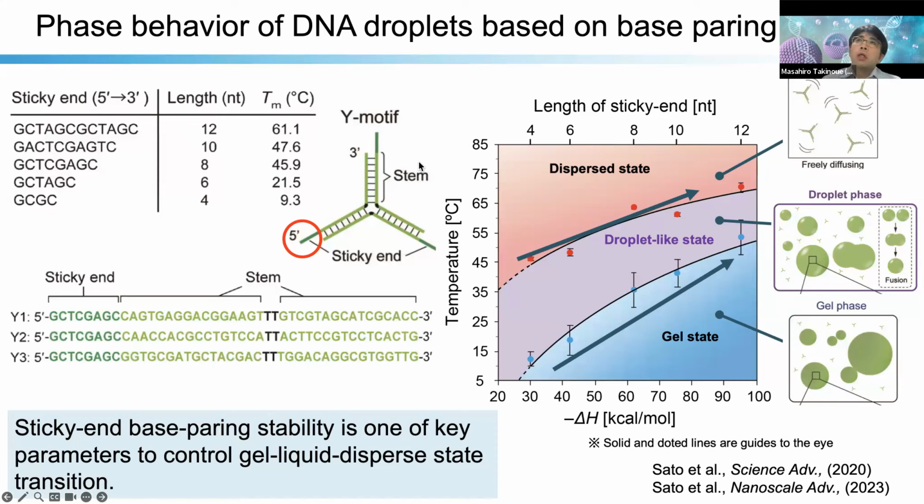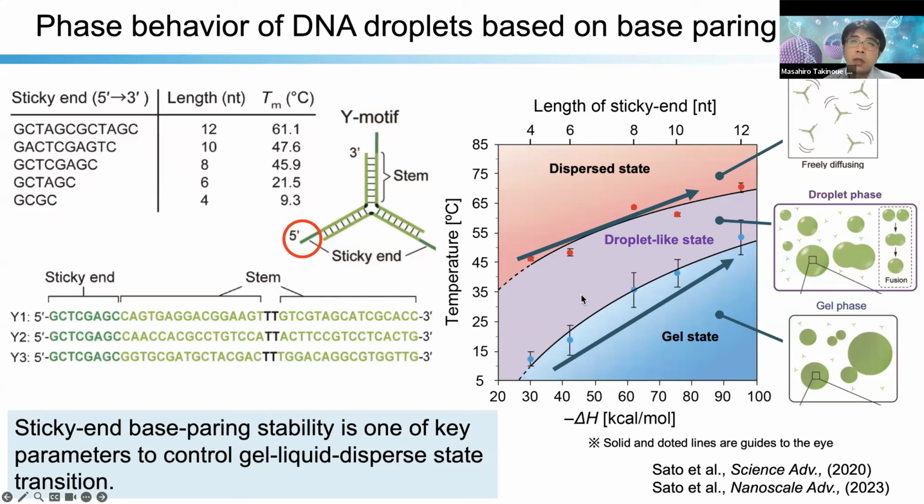And also we made this kind of phase diagram of the DNA droplet and the DNA gels. If the stability increases, the transition point between the droplet and the gel state also increases like this, and also the dispersion and droplet phase transition point increases like this.